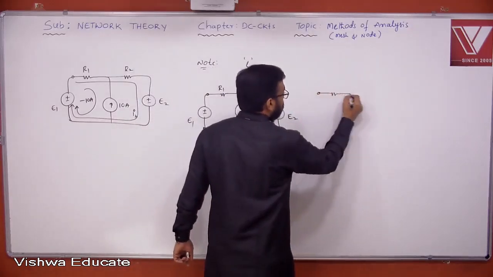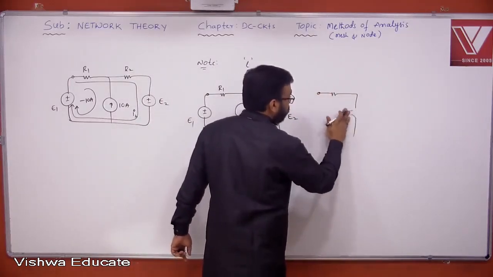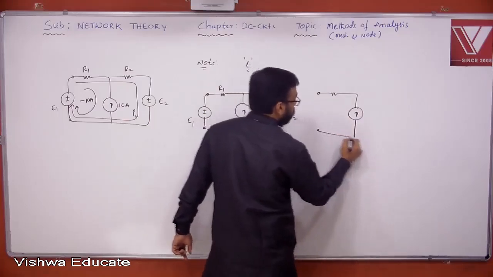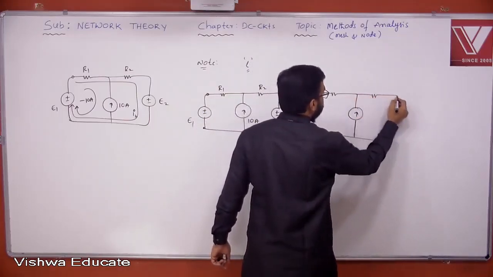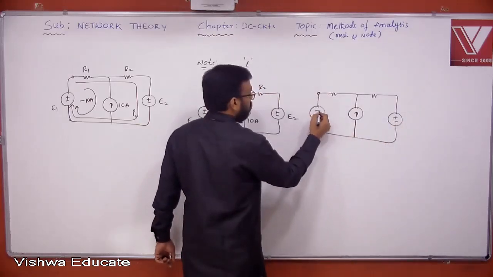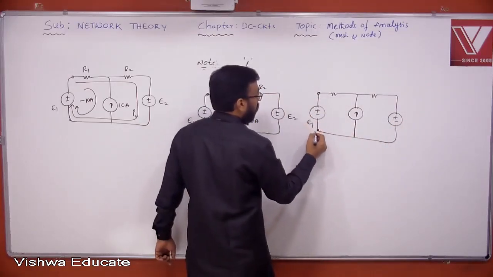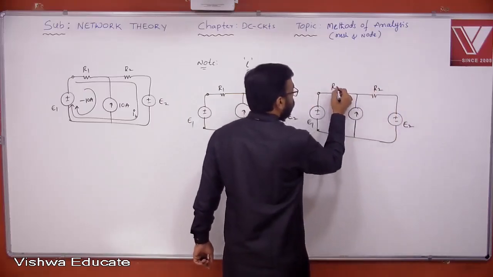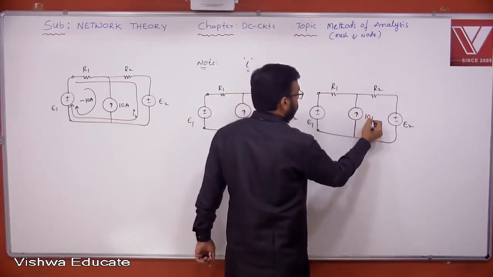Now, once again with a current source, E1, E2, R1, R2, this is 10 amperes.